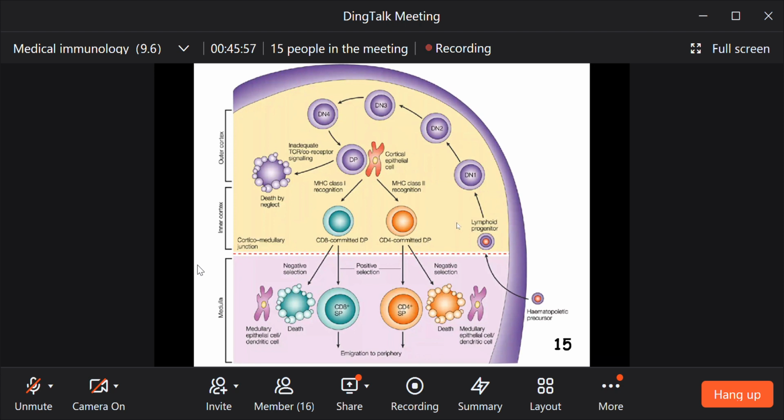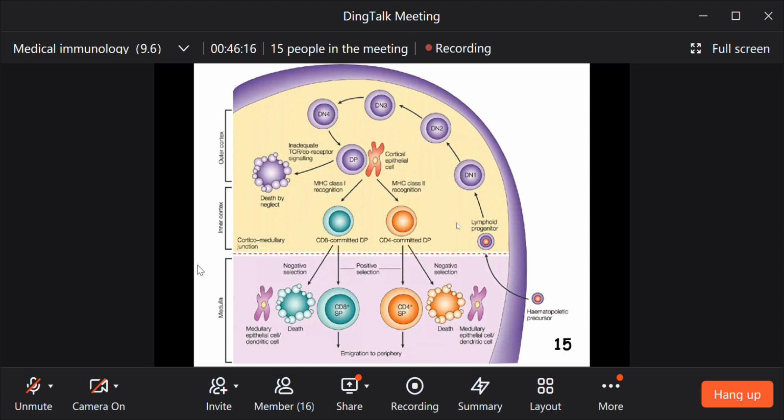The process of selection is the process of central immune tolerance.